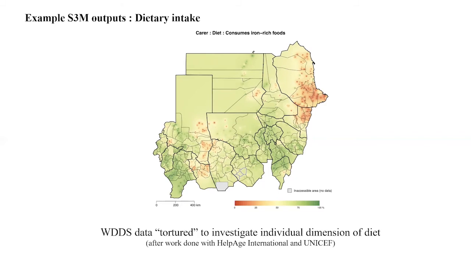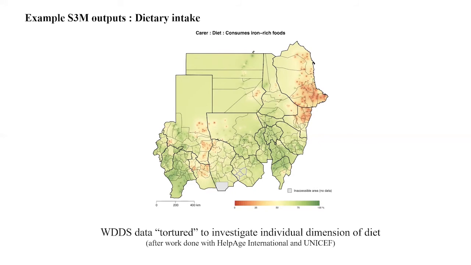So we can use the WDDS data, we can torture it if you like, extending its use from a simple count of food groups into looking at what those food groups are. And here we can see that there are certain areas of the country where iron consumption in the young mothers is not particularly good, and other areas where it's not so bad.